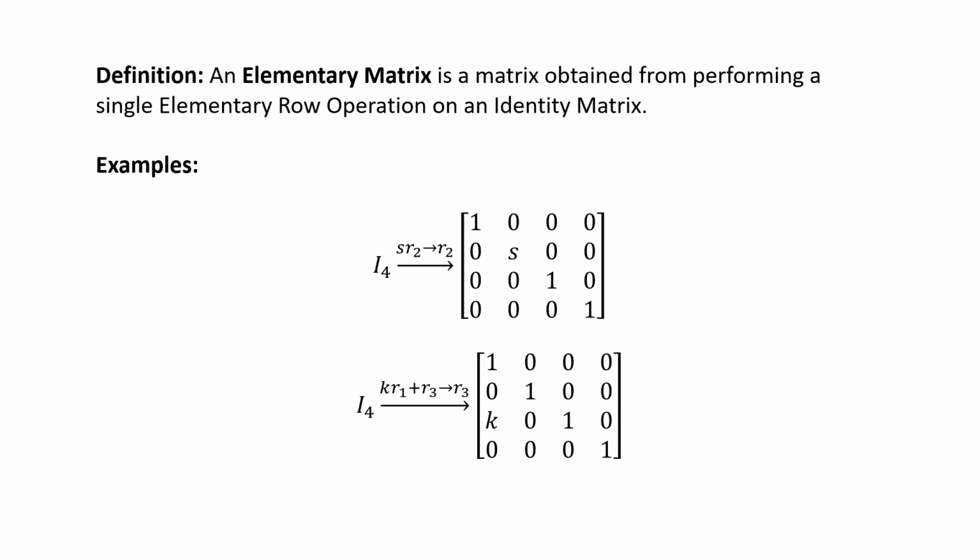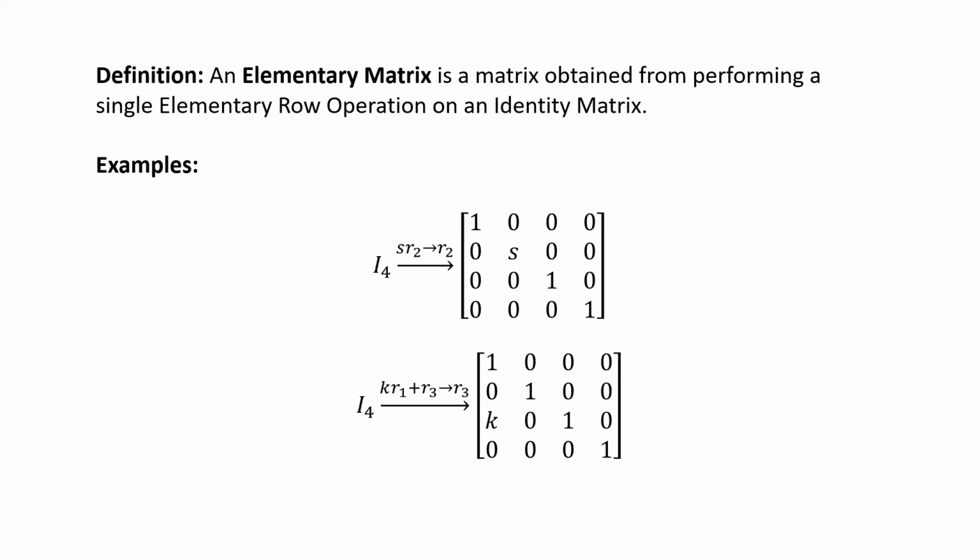And we saw how we can use those to row reduce a matrix down to a matrix in reduced echelon form. What if you start with an identity matrix? If you have an identity matrix and you apply an elementary row operation, the matrix that you get is called an elementary matrix.